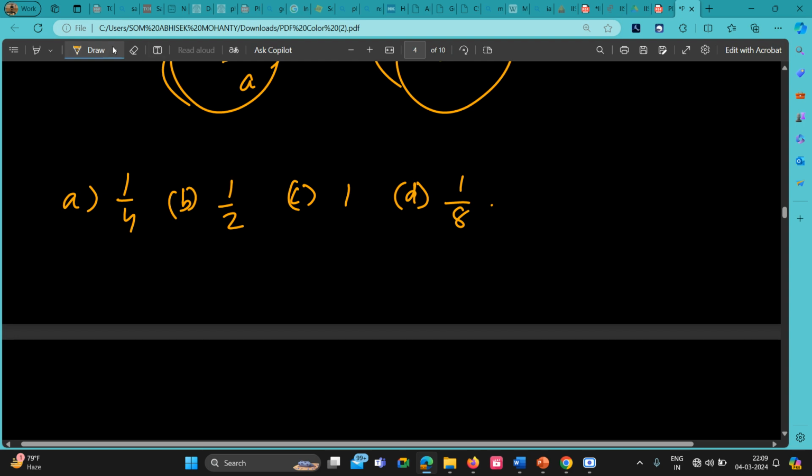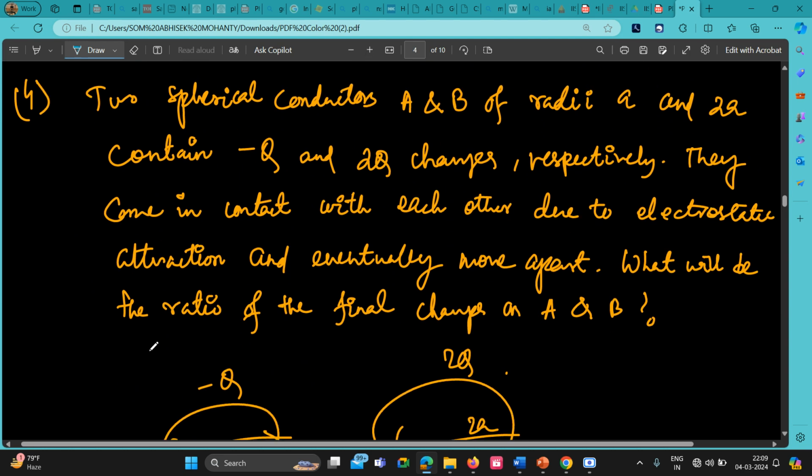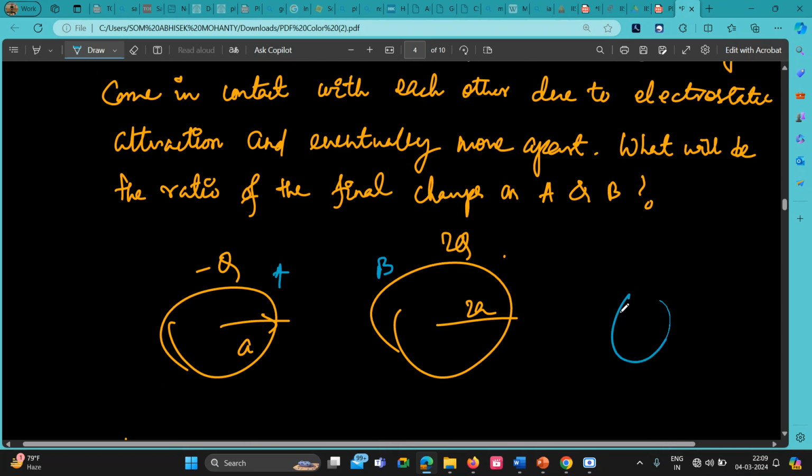See, here two spherical conductors A and B, of radii A and 2A, with charges minus Q and 2Q respectively. They come in contact with each other and then due to electrostatic repulsion eventually move apart.